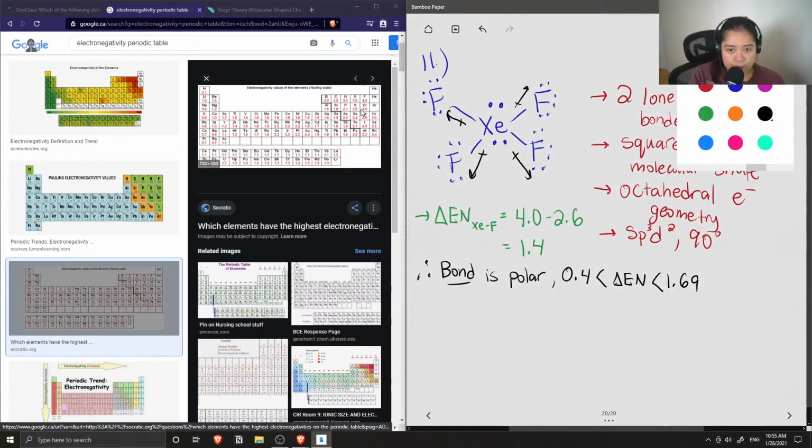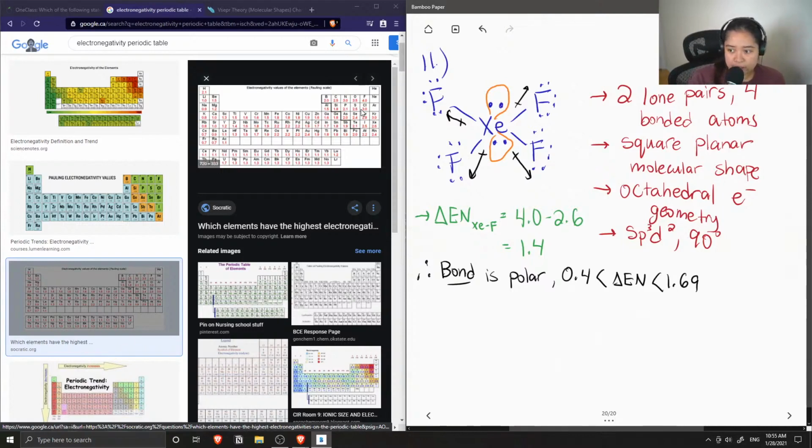But if we look at the structure of our molecule, you'll see that we have the 2 lone pairs, which can kind of be drawn like that. Because of this symmetrical shape, the overall molecule is nonpolar.